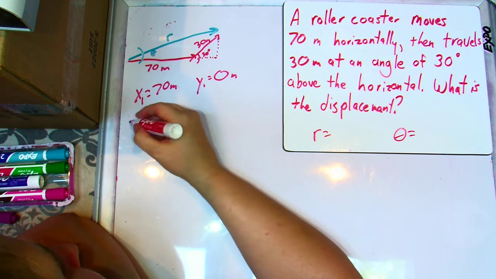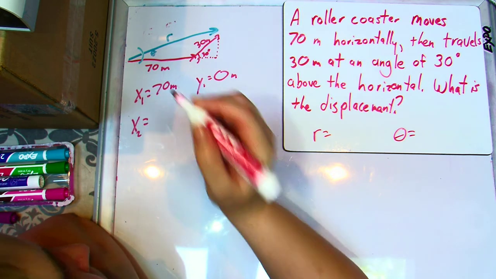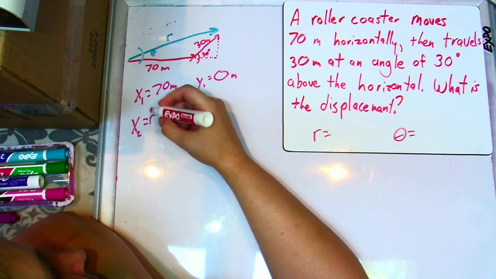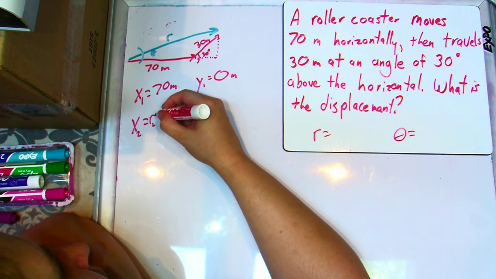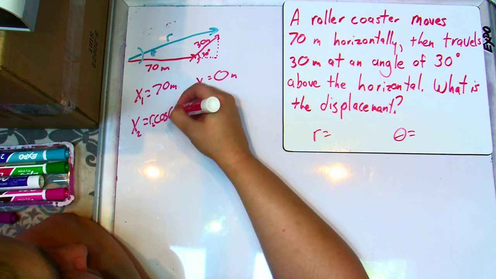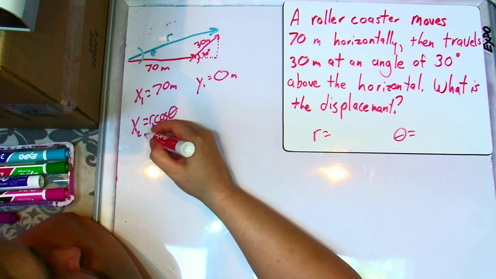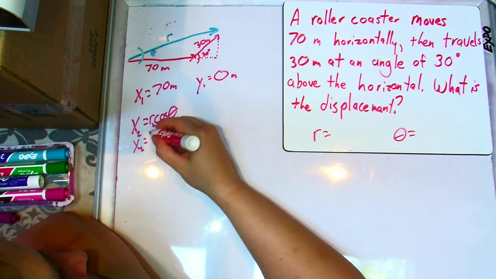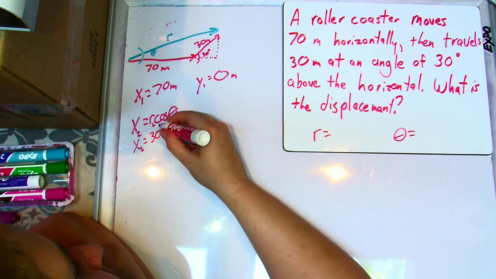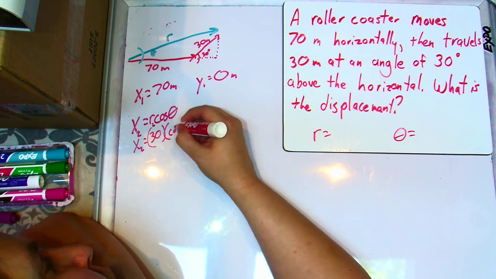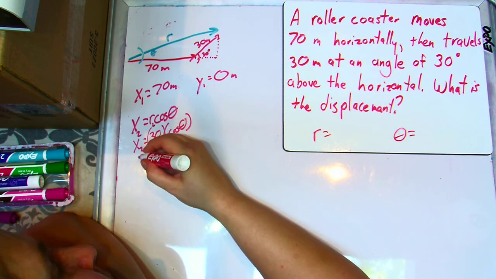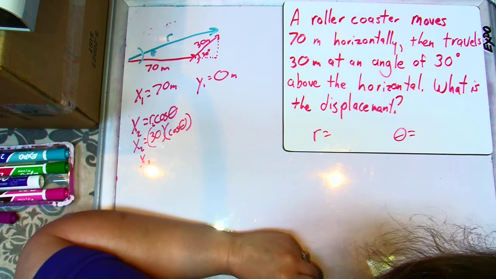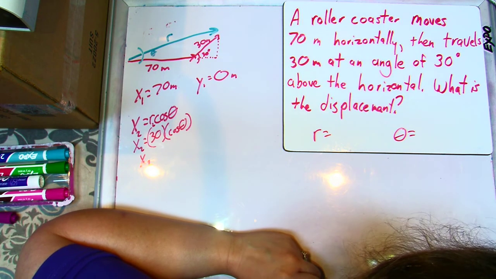So we know for this one, x2 would be r2 times cosine of the angle, which would be 30 meters times cosine of 30. I have all my math over here so I don't have to bring out my calculator.